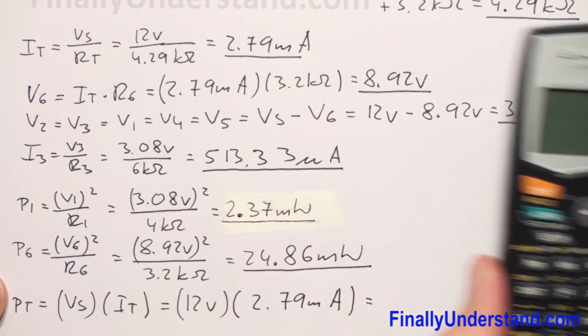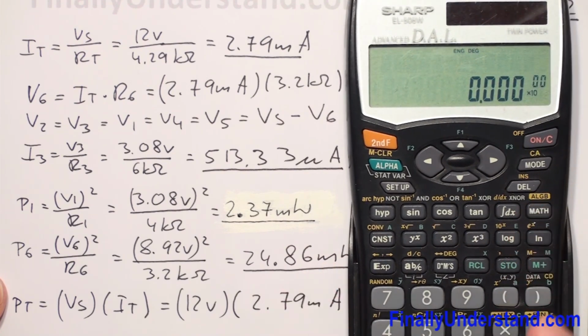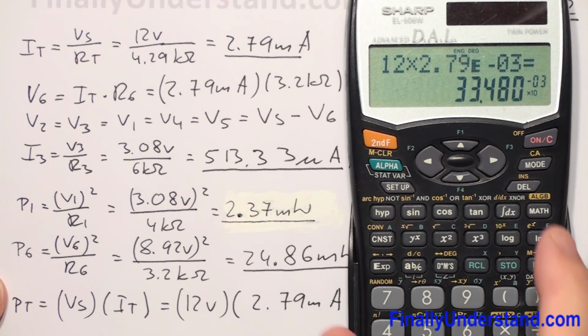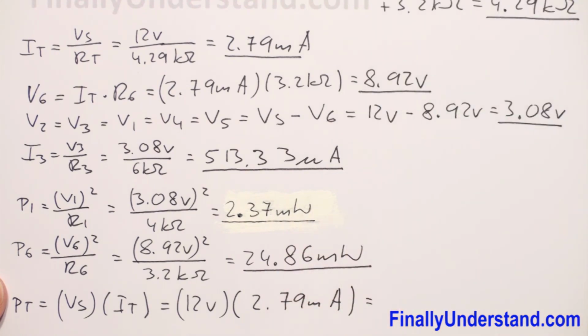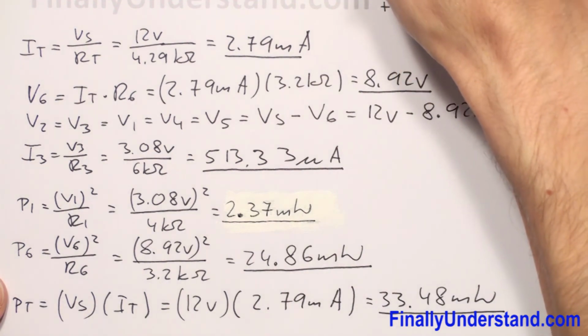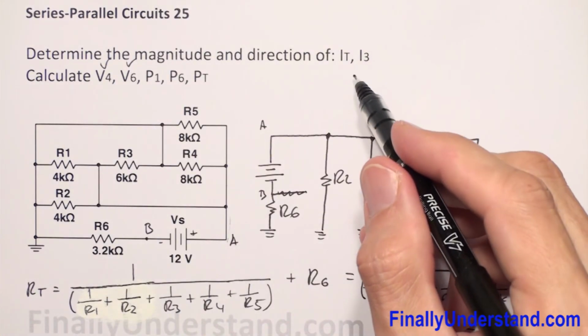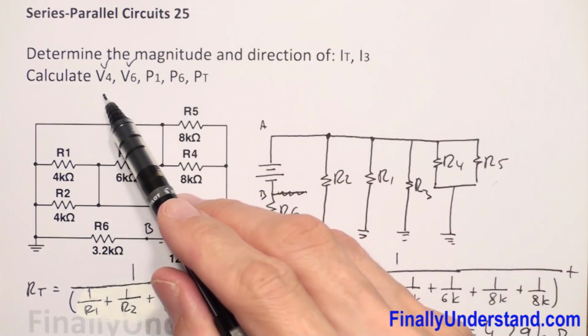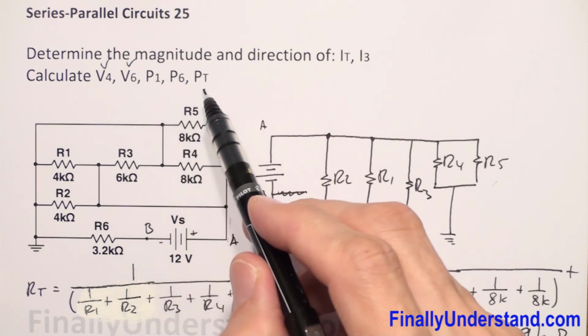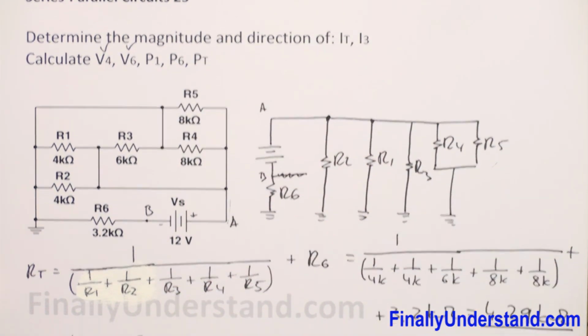This is 12 times 2.79 times 10 to the negative 3, which equals 33.48 milliwatts. We found all currents, we found all voltages, and we found all powers, so we can say that the problem is solved.